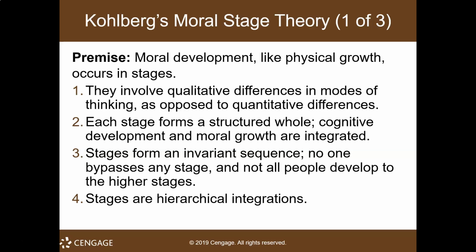Now, we talk about different stages. Kohlberg developed moral stages, and those stages consist of different levels of moral reasoning with 2 stages in each level, and we're going to look at those in just a second. According to Kohlberg and his colleagues, each stage involves qualitative differences in the way that individuals see the world.